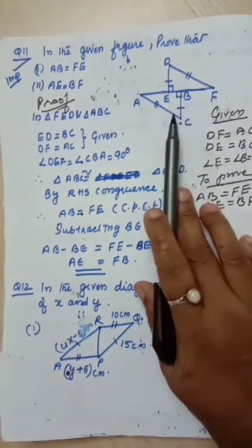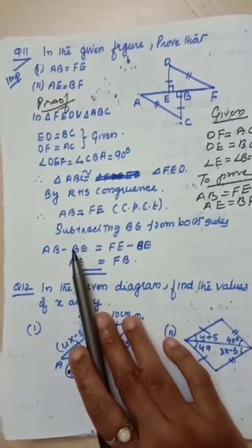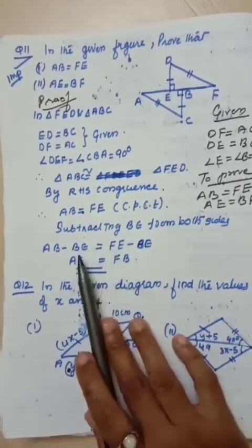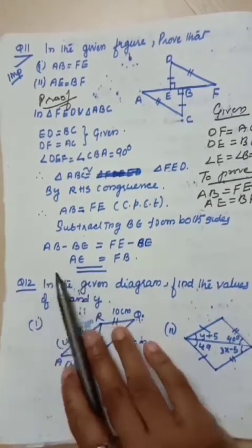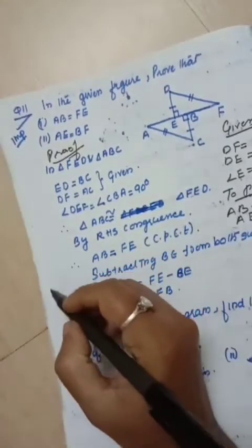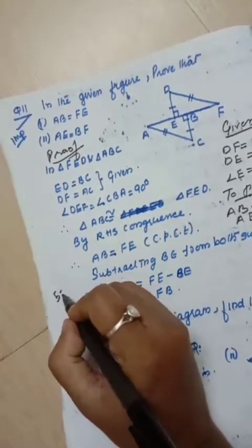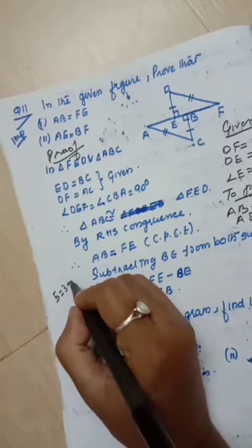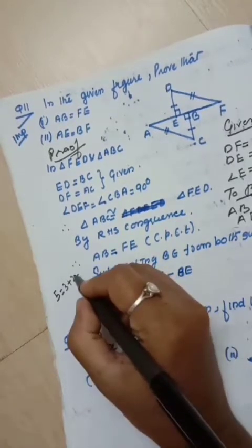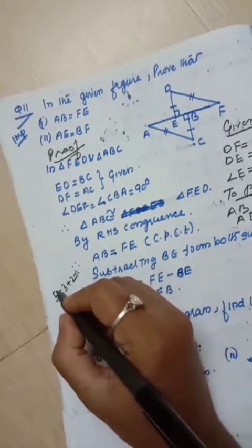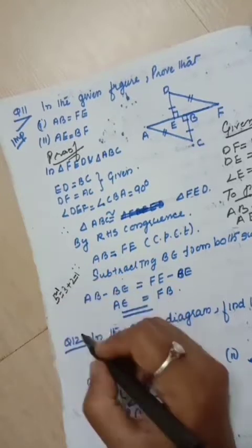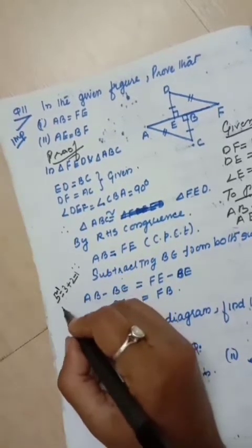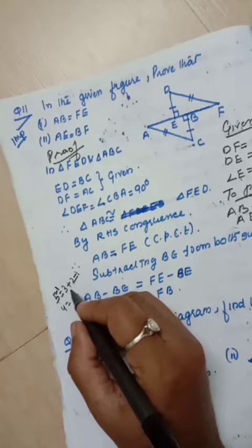In mathematics you can subtract a common number from both LHS and RHS. See, suppose 5 equal to 3 plus 2. If I subtract 1 from here, then you can subtract 1 from here also. You have to subtract 5 minus 1 is 4. Then here what will you get?